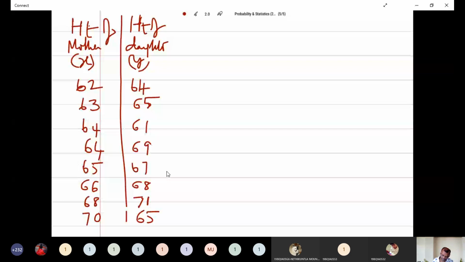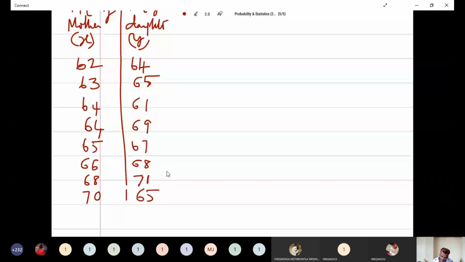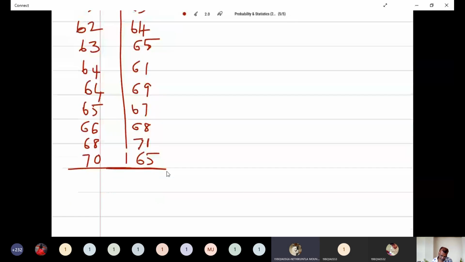Now first we have to find out the mean of x and mean of y. For that we have to find out summation x and summation y. What is the value of summation x? 522, sir.